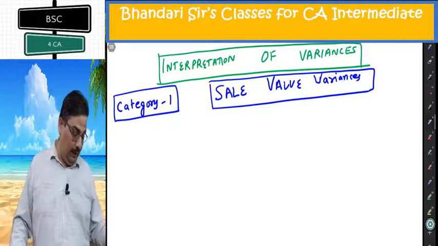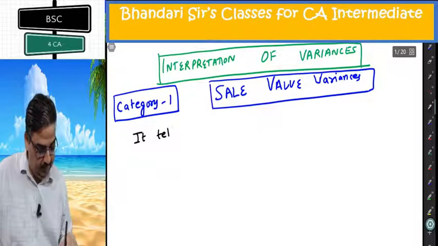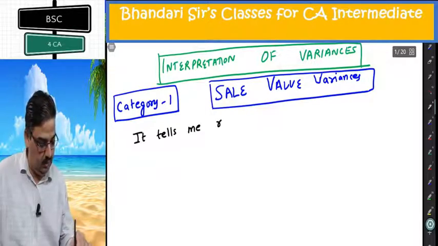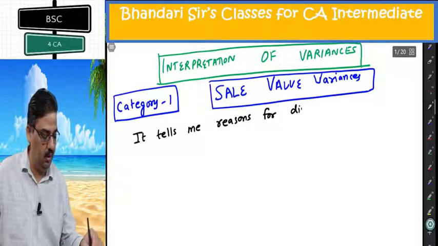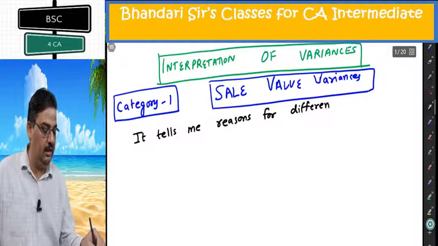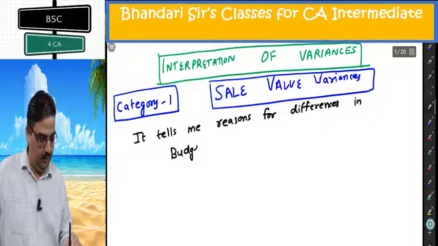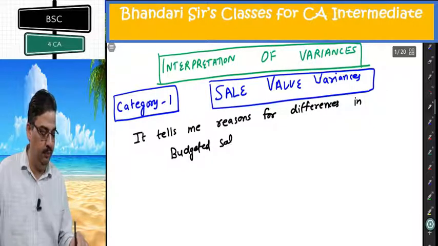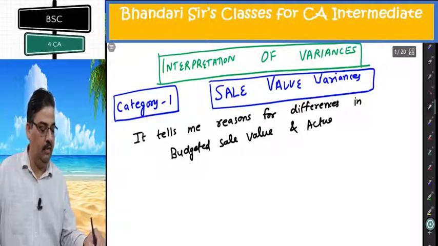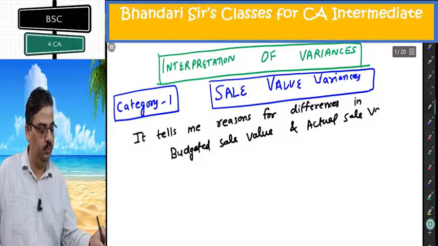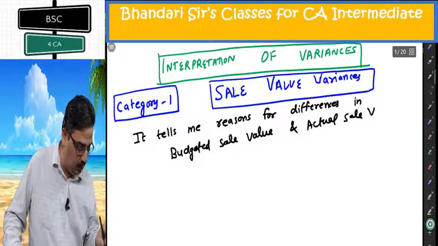So, overall, it tells me reasons for differences in budgeted sale value and actual sale value.